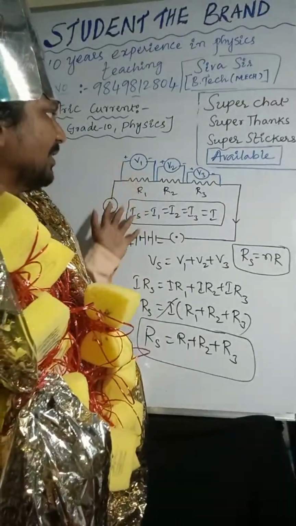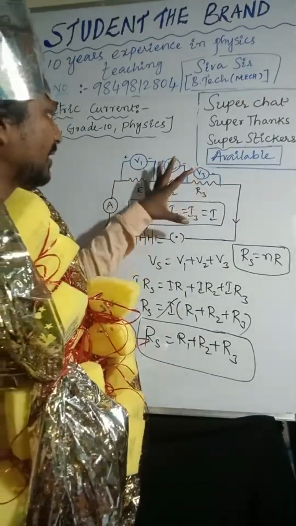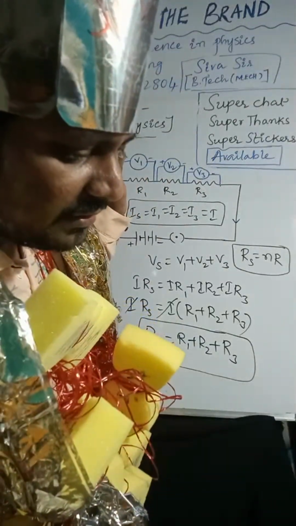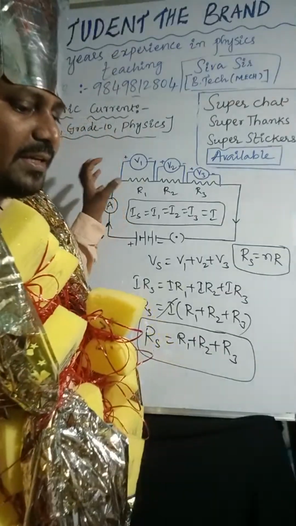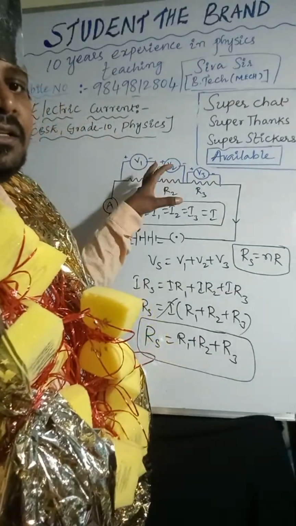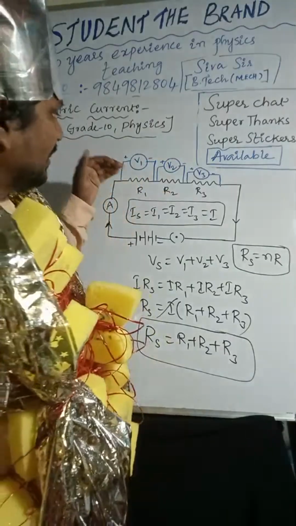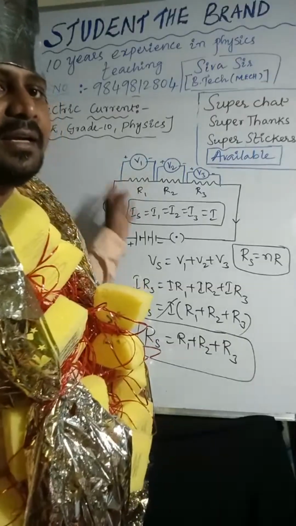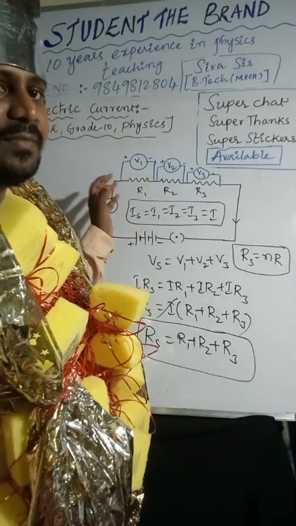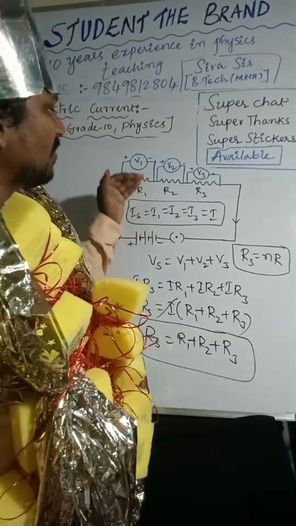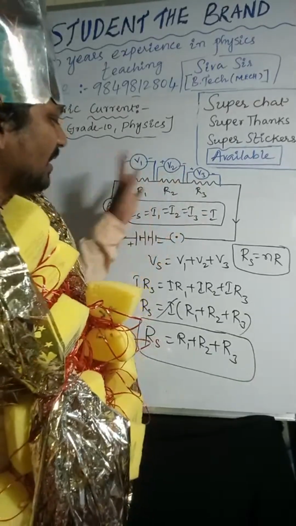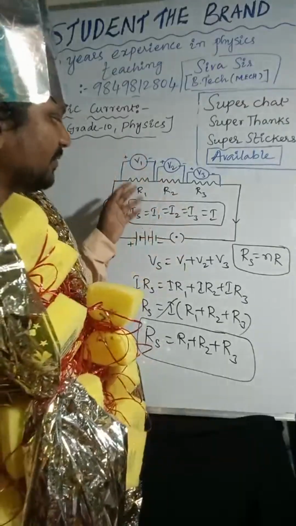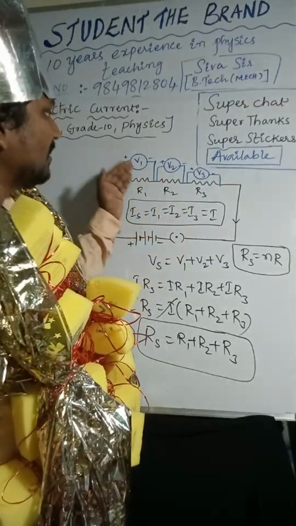Resistors are connected in series combination: R1, R2, R3, three resistors I am taking. So in the entire circuit the current is the same, that's why Is equal to I1 equal to I2 equal to I3 equal to I. But the potential difference is different across R1, R2, R3.